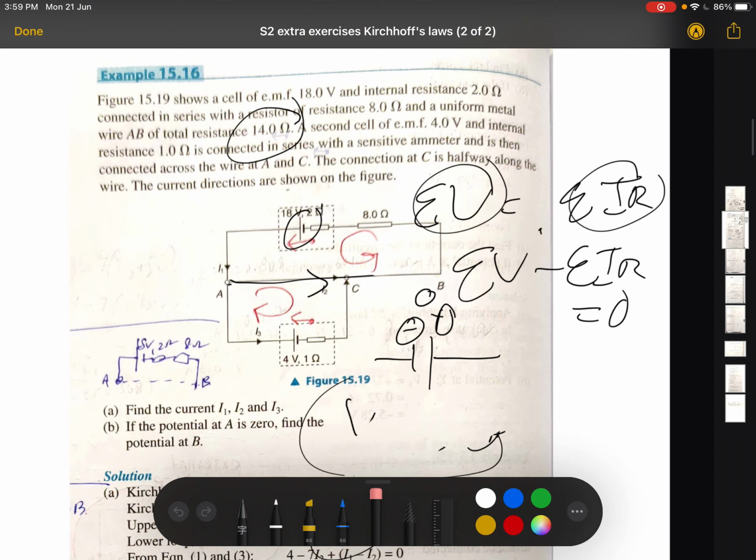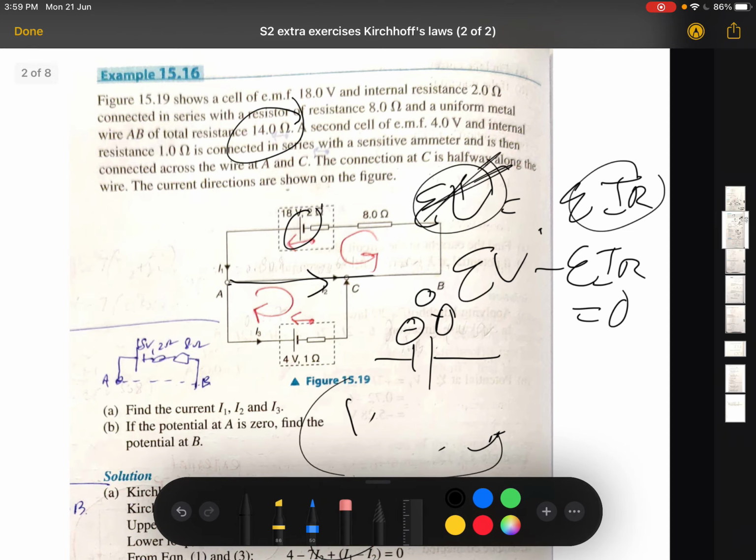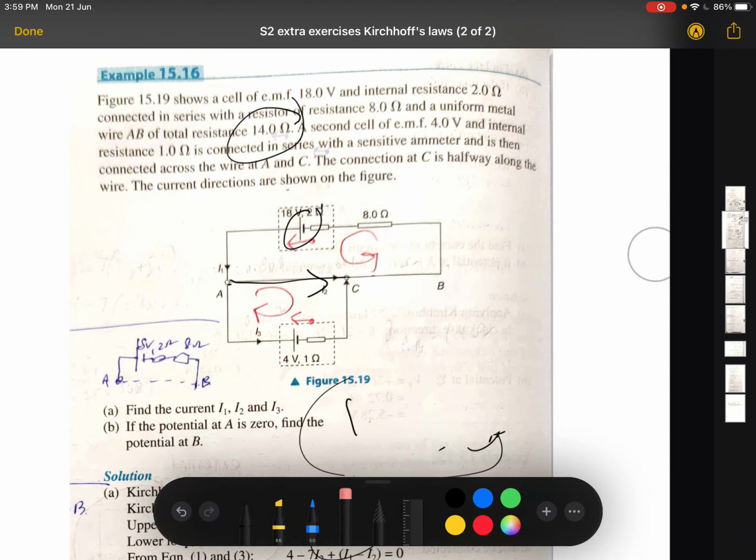It's just that I prefer using this one because it's less confusing. But even with that, you still need to get your fundamentals, which is, if your current goes through a resistor, there is a drop in voltage. When there is a drop in voltage, you have a negative voltage.